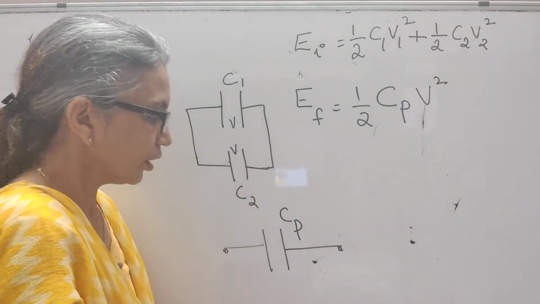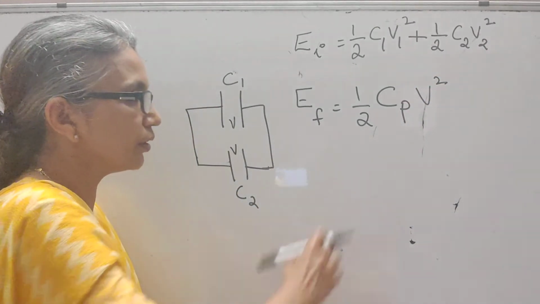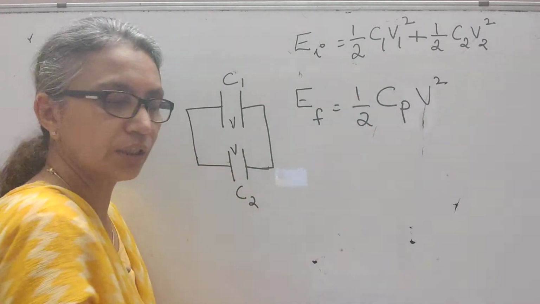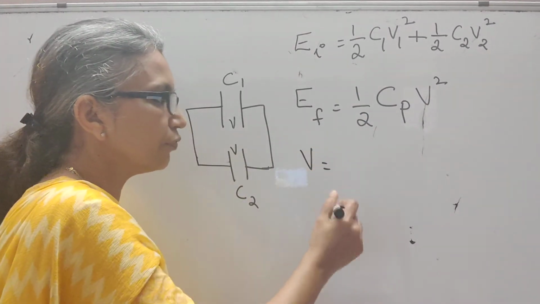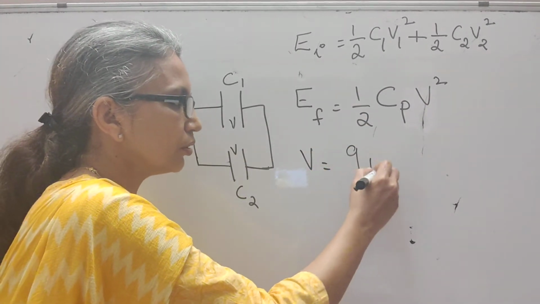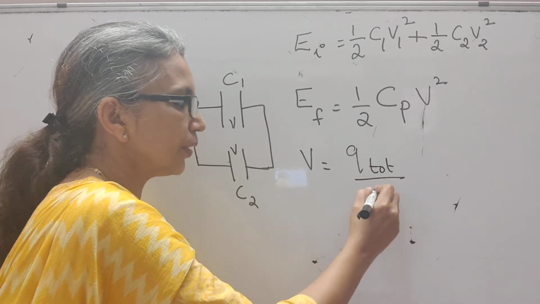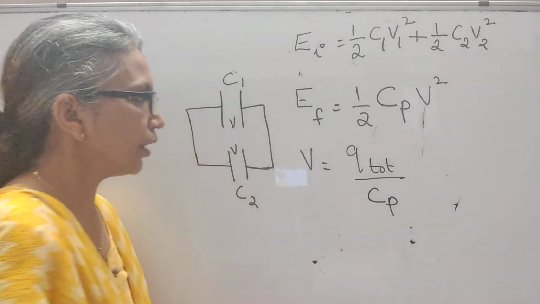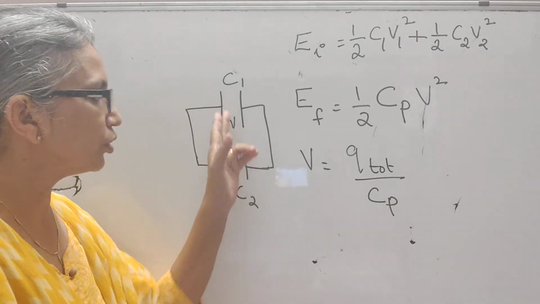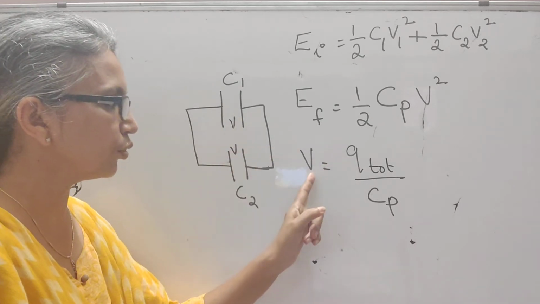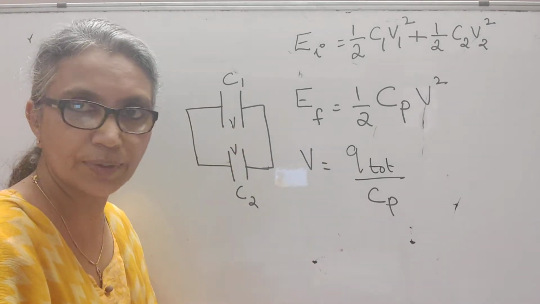Now you may substitute this Cp and V. V is actually total charge Q divided by C. That means in this combination, the total charge is what we need to find V, because V we know is Q by C.